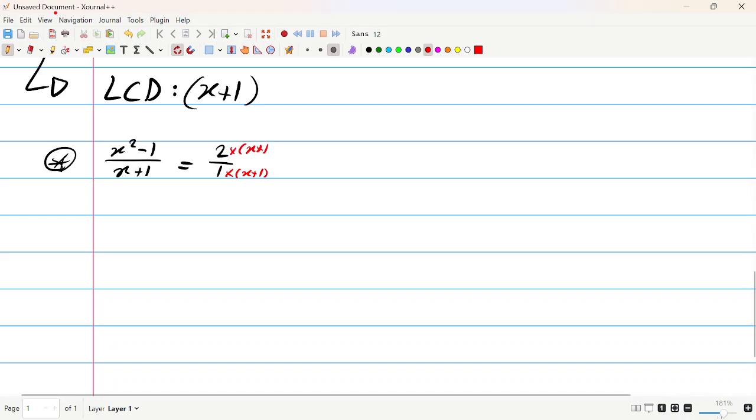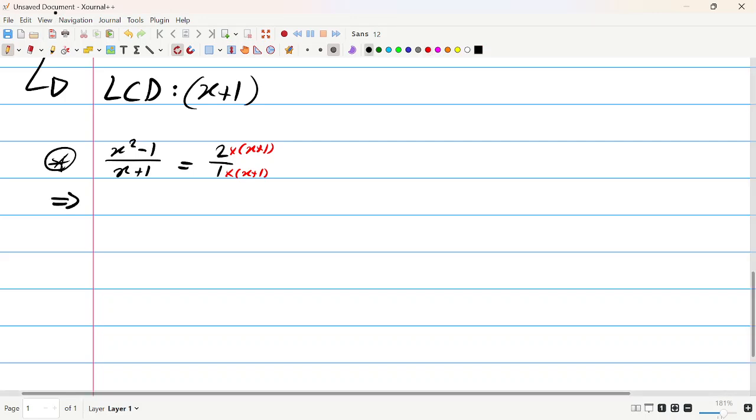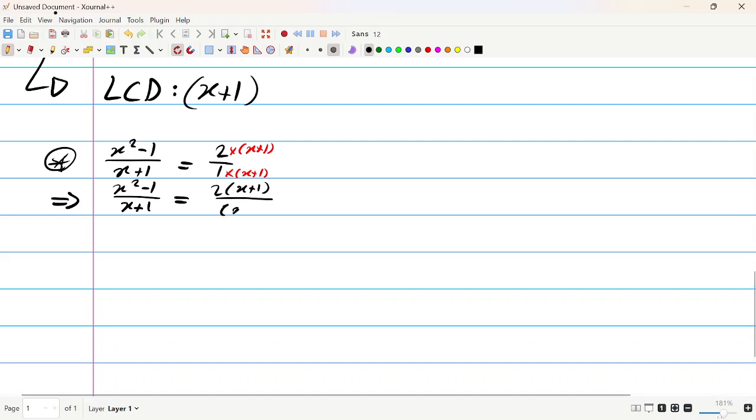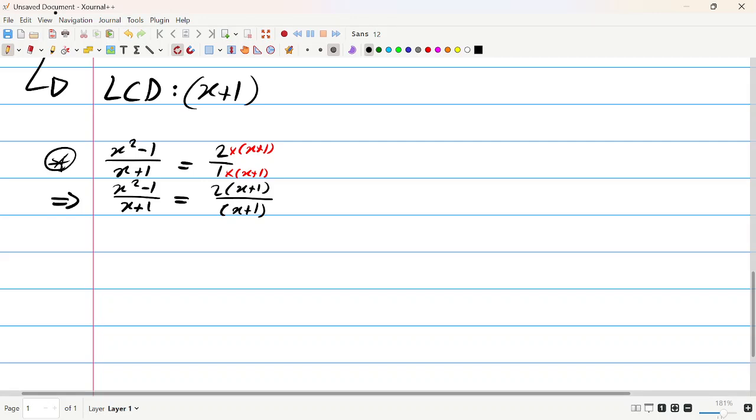Therefore, (x squared minus 1) divided by (x plus 1) is equal to 2 multiplied by (x plus 1), divided by 1 times (x plus 1), which is just x plus 1.